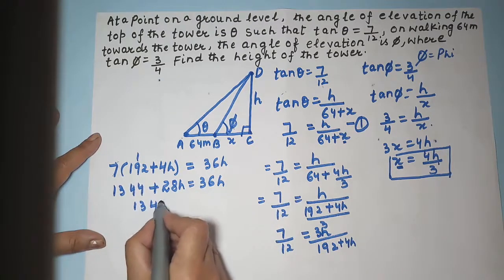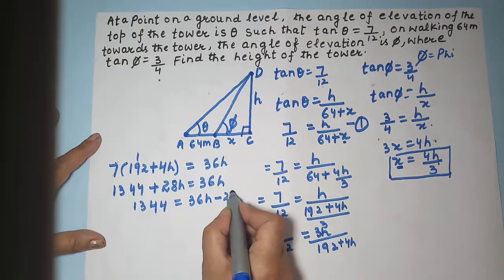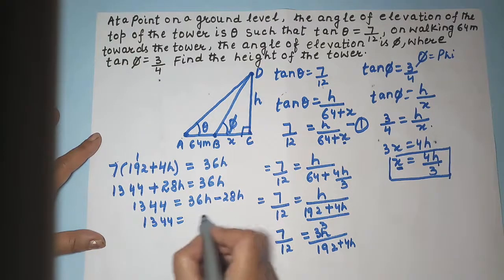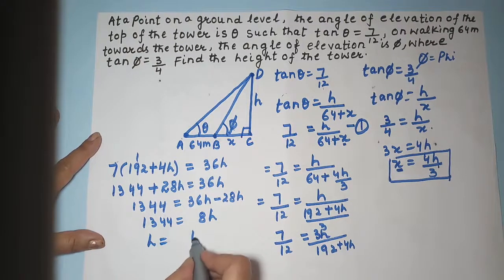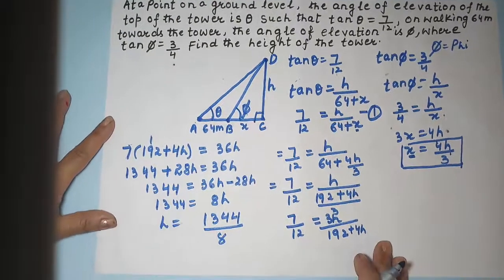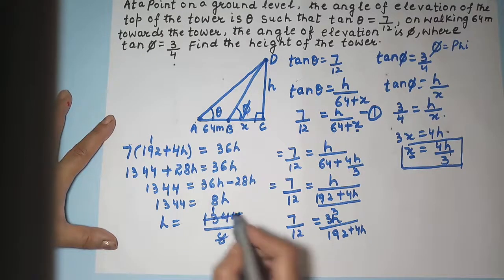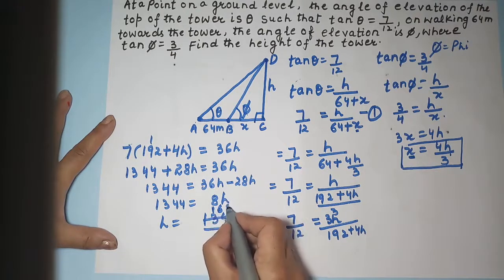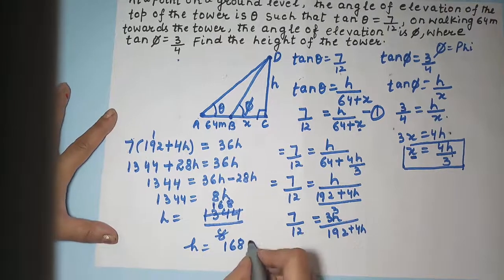So 1344 is equal to 36h minus 28h, which is 8h. So my h is equal to 1344 divided by 8, right? So how much is that? 8 1s are 8, 8 6s are 48, 8 8s are 64. So I got h as 168 meters.